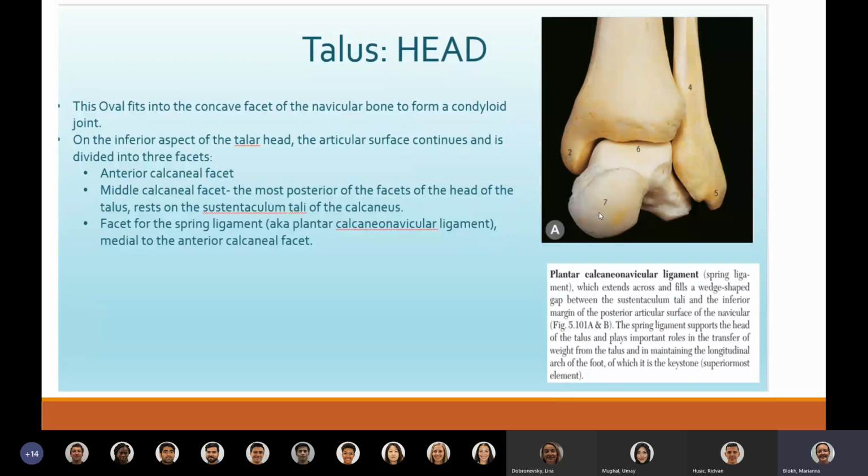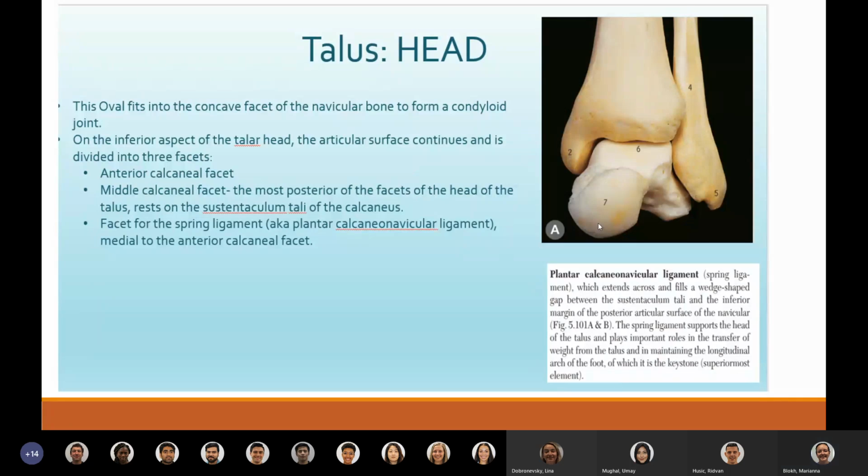Remember, number one rule, when we talk about the talus and the calcaneus, the names of the facets are switched. When we discuss facets that occur between the talus and the calcaneus, the facets on the talus for the calcaneus are called calcaneal facets on the talus. On the calcaneus, they're called talar facets. So remember, it's kind of switched over.